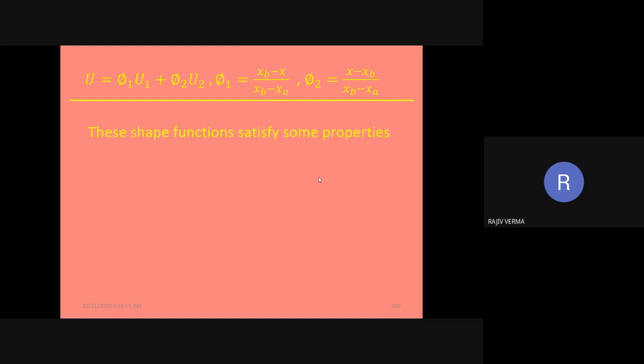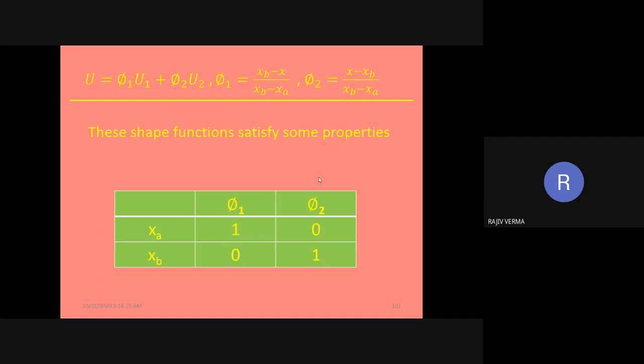These shape functions satisfy some properties which have been illustrated in a tabular manner. Phi1 and phi2 happen to be the two shape functions. The values of these two shape functions have been given at locations xa and xb.